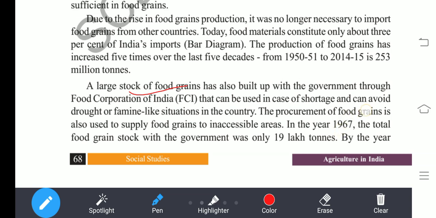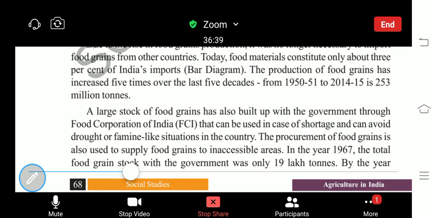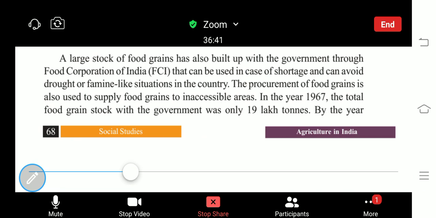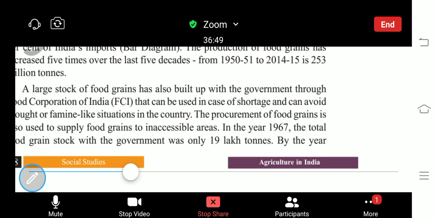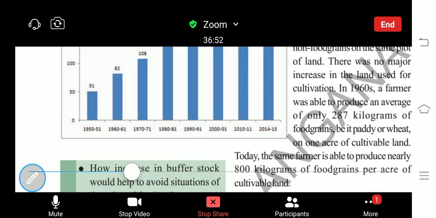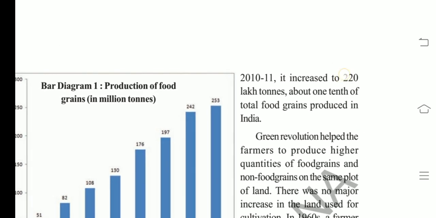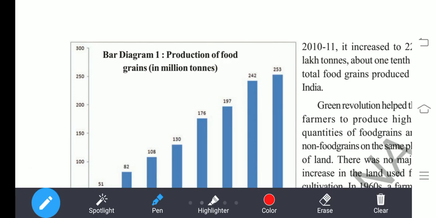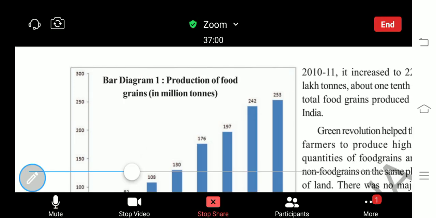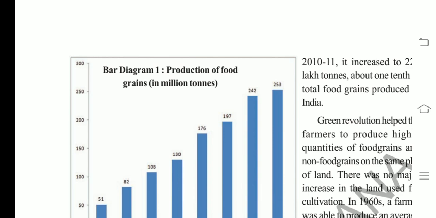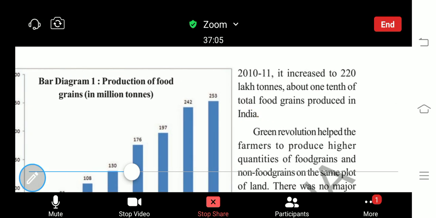In the year 1967, the stock of food grains with FCI was only 19 lakh tons. That increased to 220 lakh tons today, which is great progress in food grains.